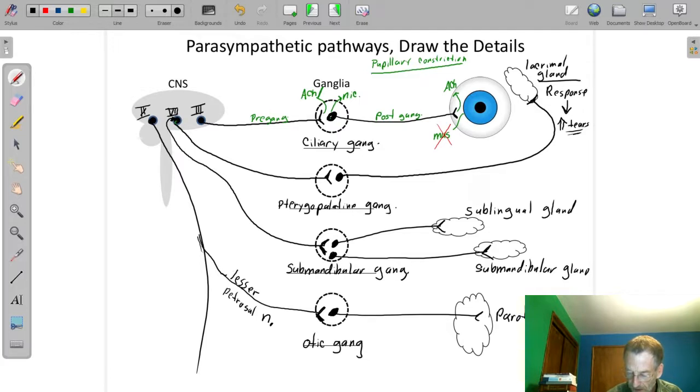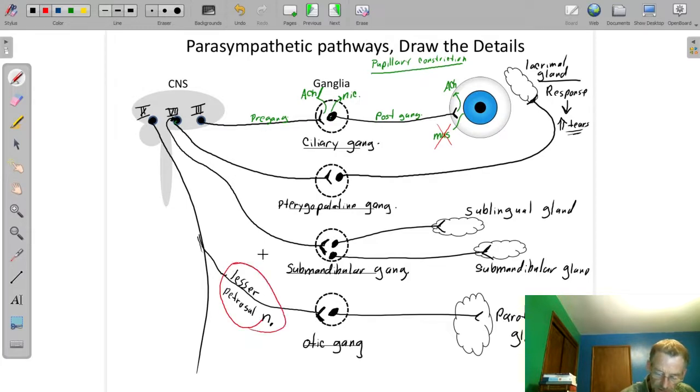And since this is all parasympathetic, it's rest and digest, and all of these glands will be increasing. Parotid salivary gland. I can't write and talk at the same time. Okay? And this is the lesser petrosal nerve.